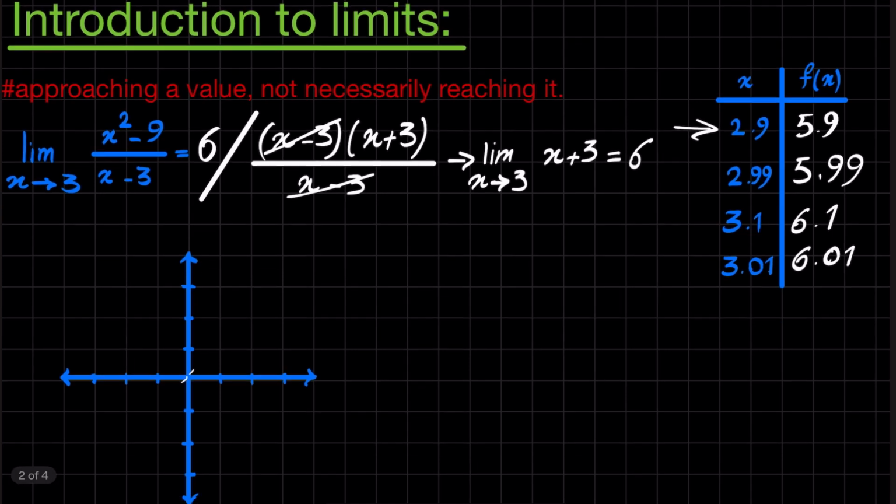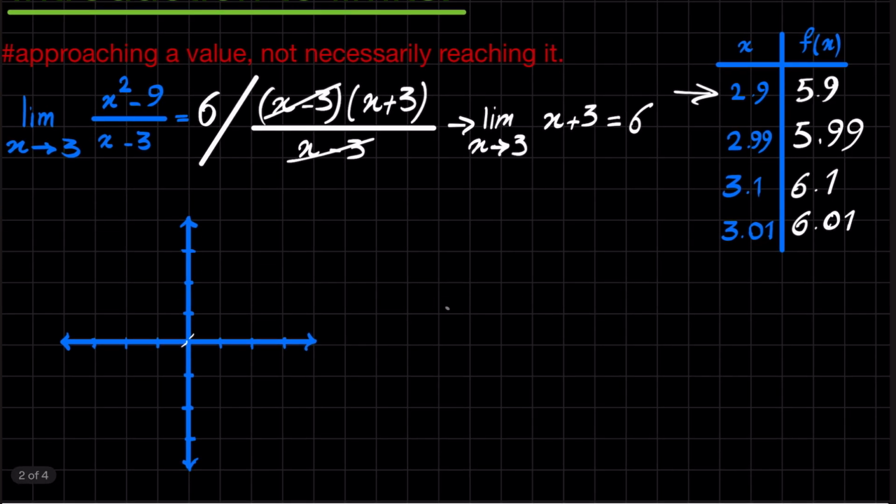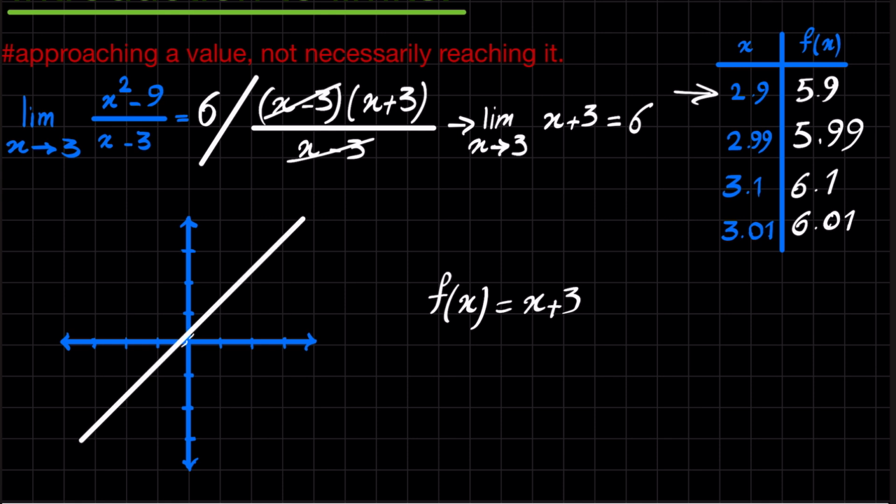And to graph this, we're going to see that it's going to be the x function that we know, something like this. I'm sorry, let me just make it more, yeah. It's going to be something like this.